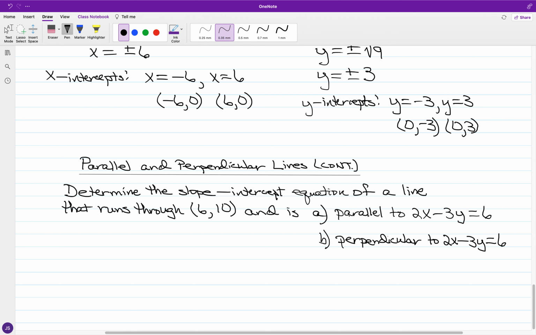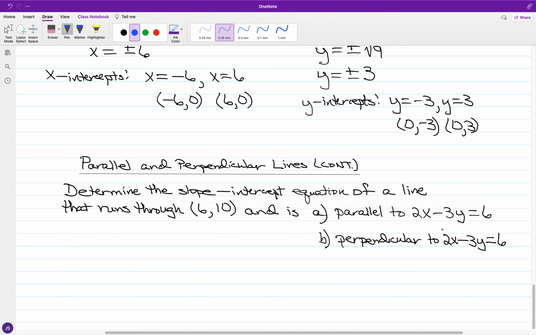Now, you don't automatically have the slope and the y-intercept already laid out. So just constructing a pathway to determining the slope-intercept equations of the parallel and perpendicular lines, first of all, we have to be able to get to the slope of the given line.